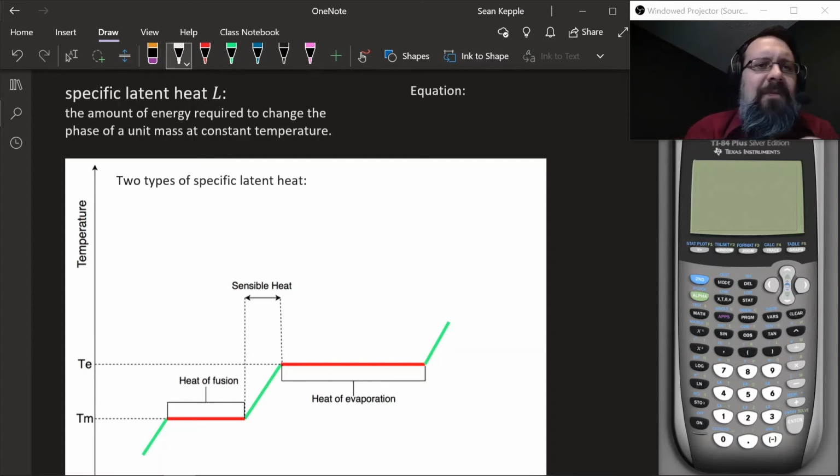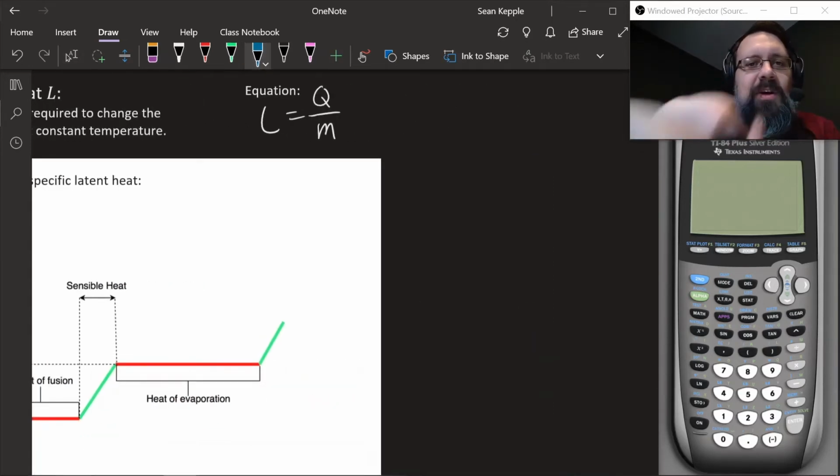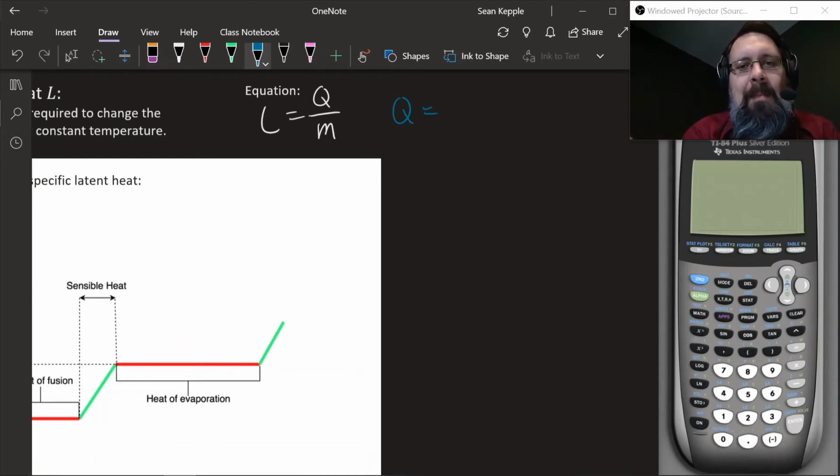The equation for this is L equals Q over M. You will almost always see this equation written as Q equals ML, to go with Q equals MC delta T. So when you have sensible heating, when the temperature is changing, it's Q equals MC delta T. When you have a phase change, it's going to be ML.